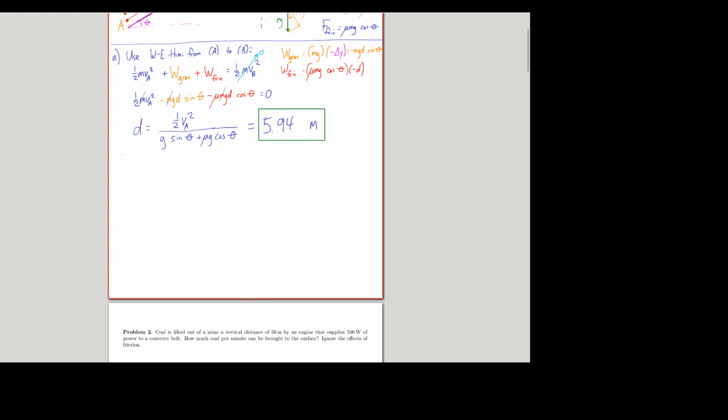Part B asks us now to think about the thing coming back down. And to do that, I just use the work energy theorem. Now, instead of from point A to point B, I'm going to use that. Now I have a choice. I can do it either from point A to point B or from point A to point C. I'm going to go all the way from A to C because that way I can be lazy.